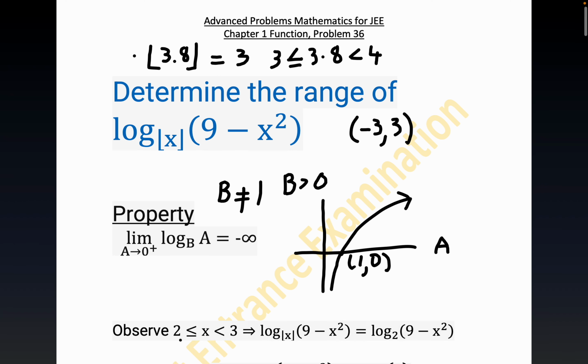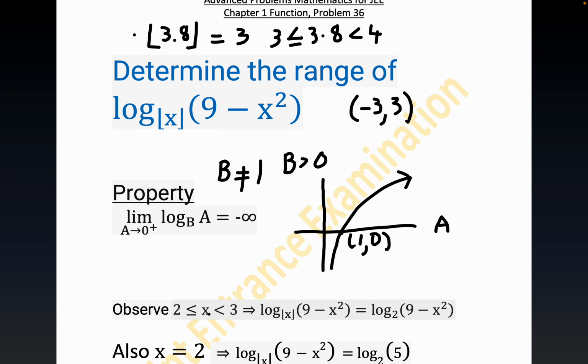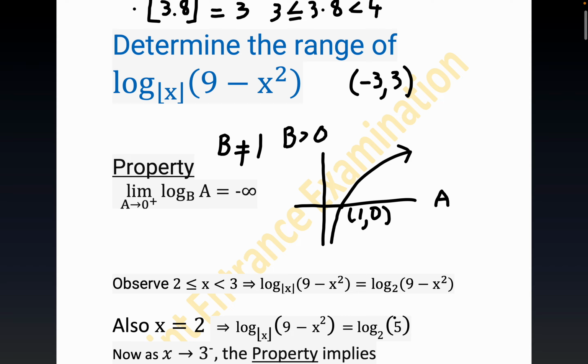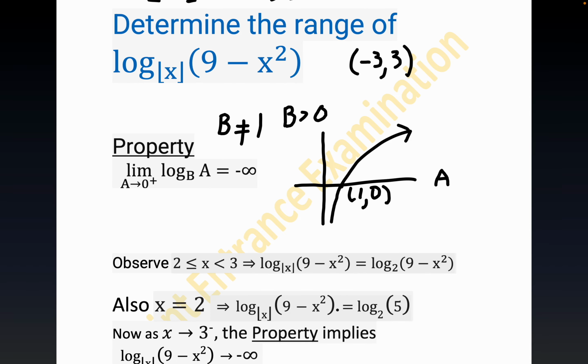So for any x that's in this interval, the floor of x would be 2, and that's where this 2 comes from. So you see it's fairly easy from here. If x is 2, it's a very direct substitution. If x is 2, we get log base 2 of 5 as the largest value in the range of the function.